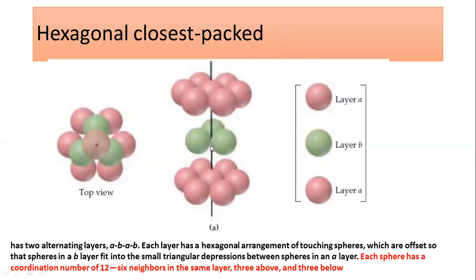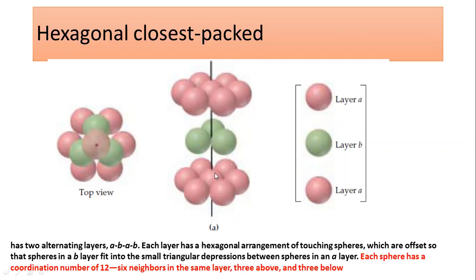So the coordination number in this case will be 3, because this ball is going to touch 3 spheres. And in a similar way, if I put a B layer below, it will be the same case below as it is happening above this ball.